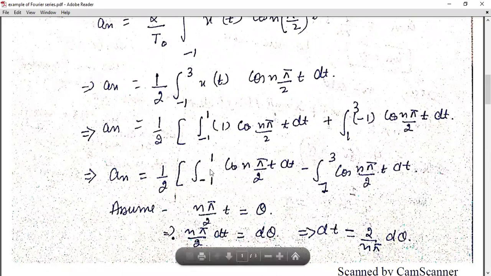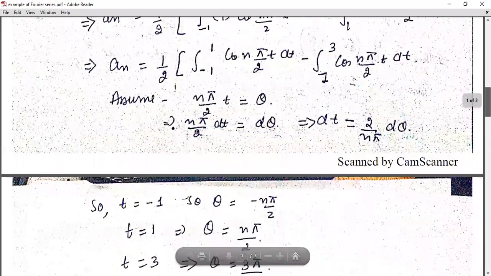Now assume n pi by 2 times t is equal to theta. We are assuming it. So n pi by 2 dt is equal to d theta. n pi by 2 is a constant term, so dt is equal to 2 by n pi d theta. Now substitute n pi by 2 t is equal to theta and dt is equal to 2 by n pi d theta.